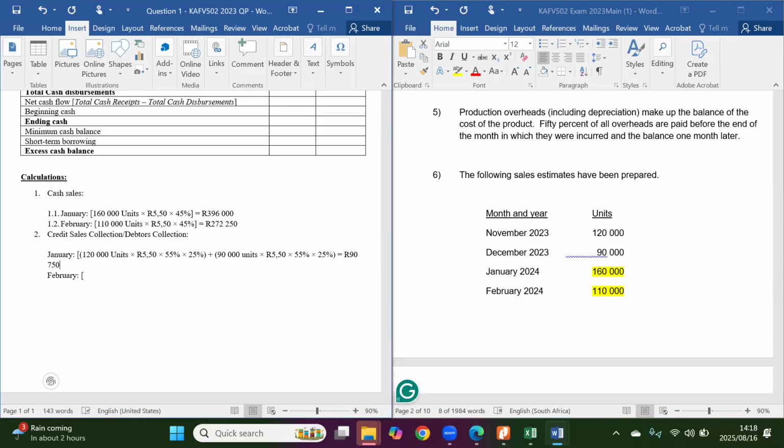Yes, 90,750. And then you add that with the one that you're going to get over here. This is 90,000 times 5 rands 50 times 55% times 25%.